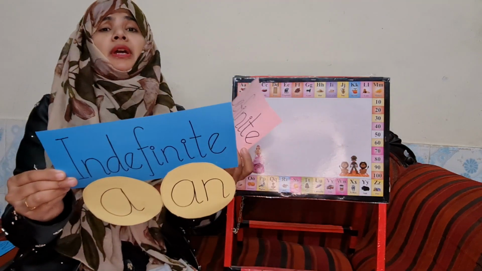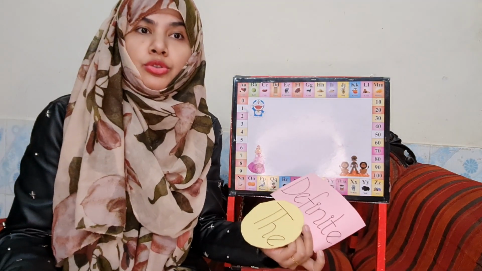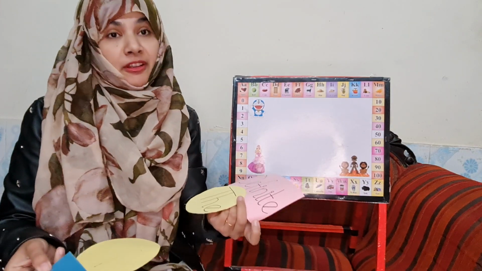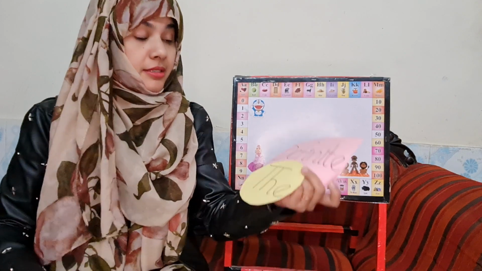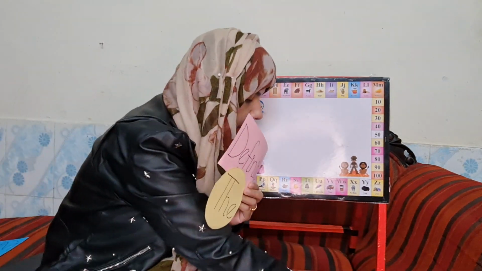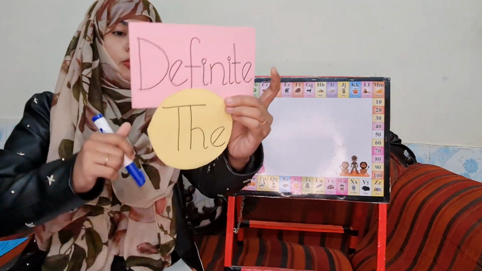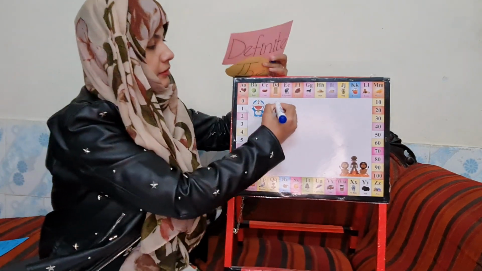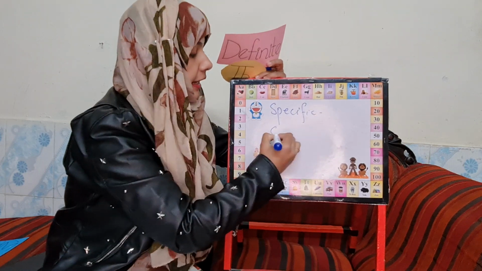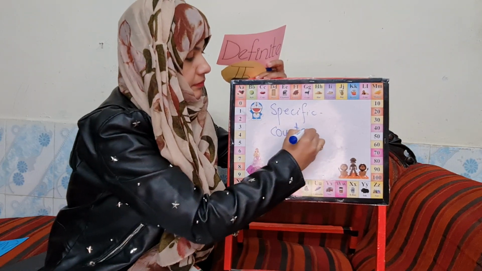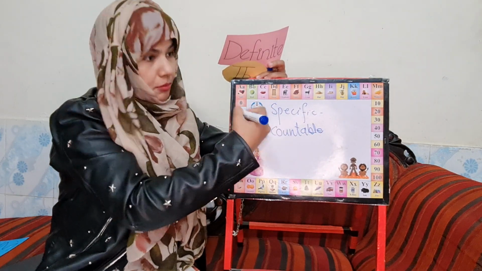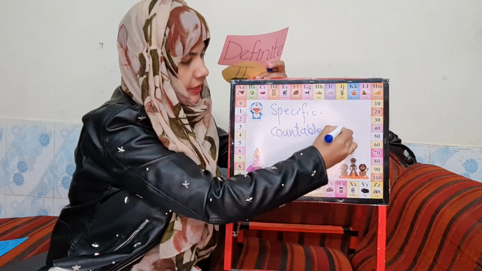We know very well that we use the with specific things or special things. That is basically the definite article. And with the definite article we mostly use specific, countable, plus non-countable nouns as well.